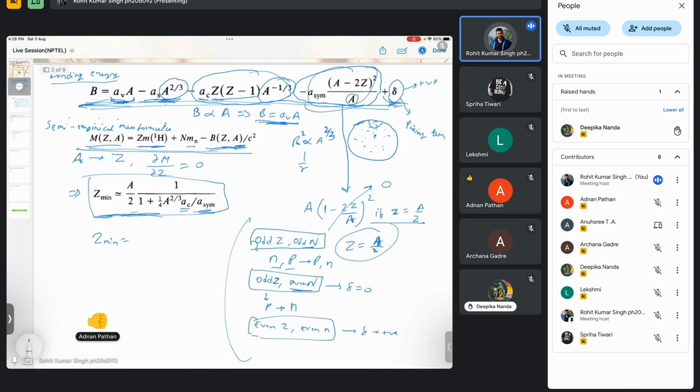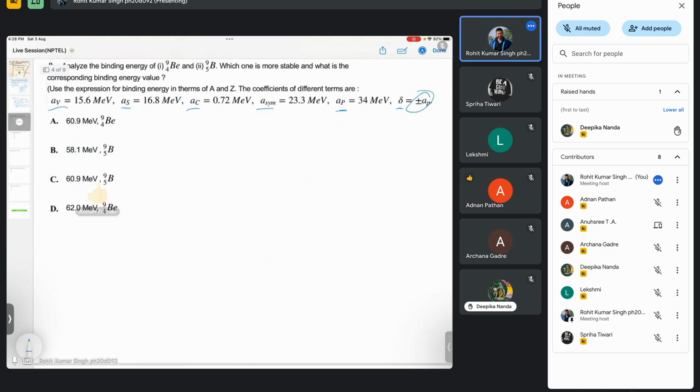In the formula you also need A and J, which are given for both beryllium and boron. So this should not be much problem, right? If you think you can do this, I will skip it for now.